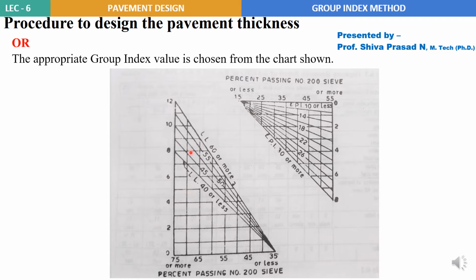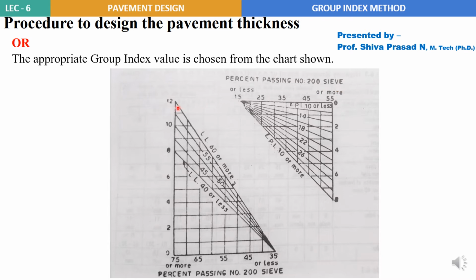We have two charts over here, one triangular portion is one chart, and the other triangular portion is another chart. Both of these charts have percentage passing number 200 sieve on the x-axis. Please note that number 200 sieve is nothing but 0.074 mm sieve.